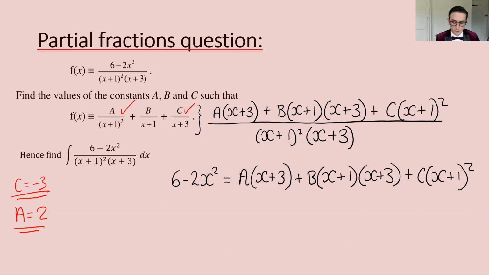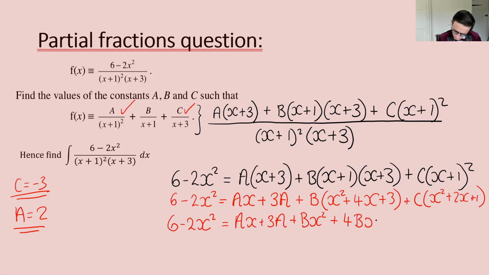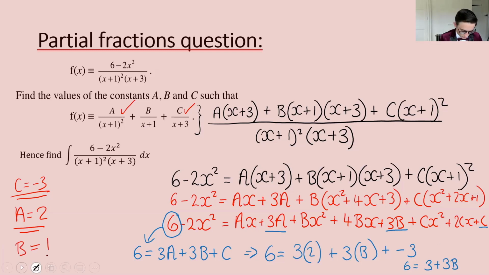Now, if I know a and I know c, I could sub any other value in, or I could equate coefficients, whatever works best. So b equals 1. Okay, right, so let's write this up then.